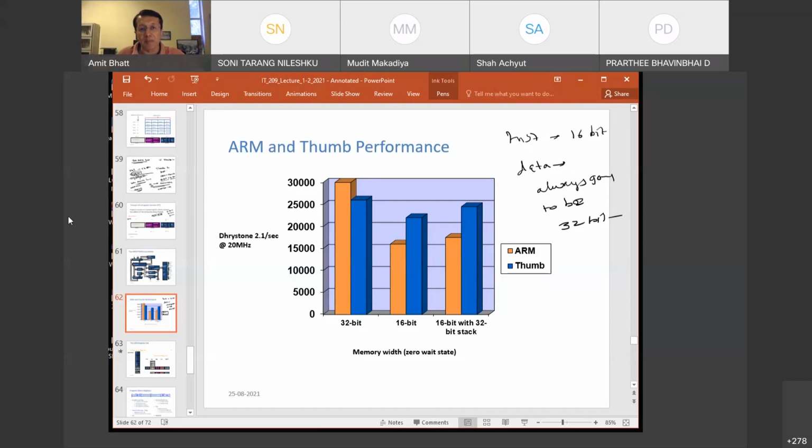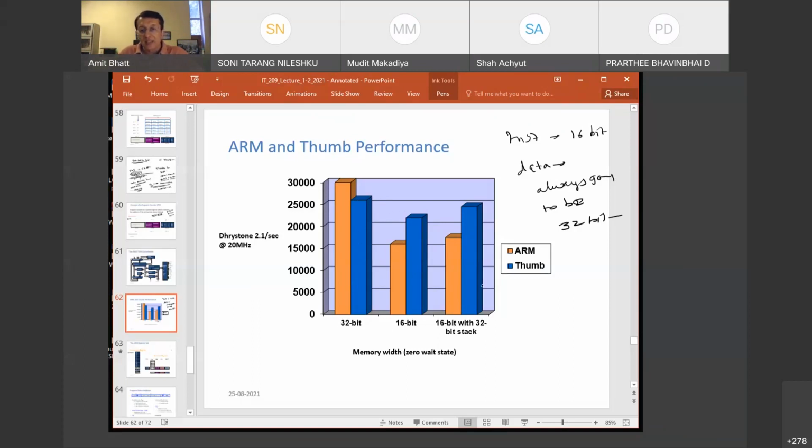So you save time as compared to the ARM instruction, because the ARM instruction will have to make two trips. First, go in and bring the first half of the instruction, and then go a second time and bring in the second half of the instruction and join them together. But data is 32-bit. So whether the program is written in the ARM instruction set or the thumb instruction set, to get the data, they will have to make two trips. And that is the reason why the performance of the thumb instruction set in a 16-bit memory architecture is less than the performance of the thumb instruction set in a 32-bit architecture.